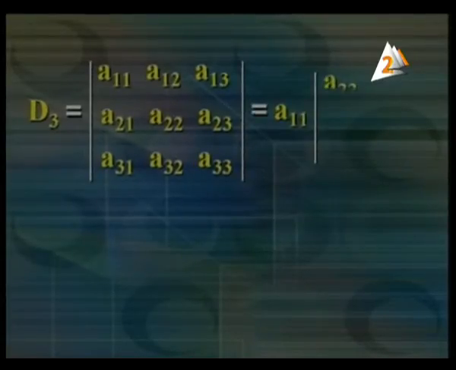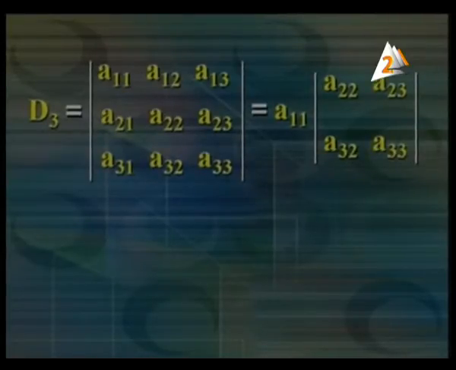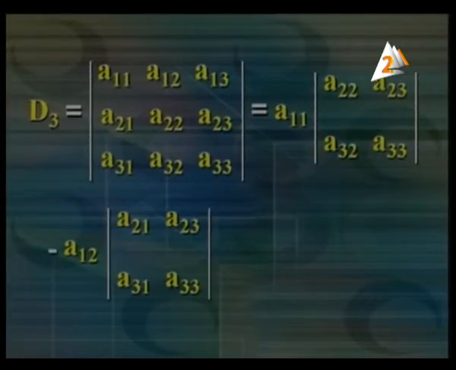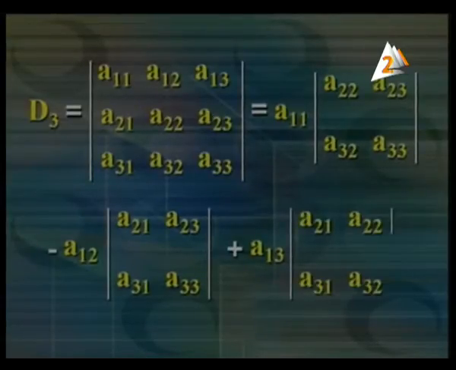It equals A11 multiplied by its second-order determinant, plus A11 multiplied by the determinant containing A22, A23, A32, A33, minus A12 multiplied by the determinant A21, A23, A31, A33, plus A13 multiplied by its determinant.